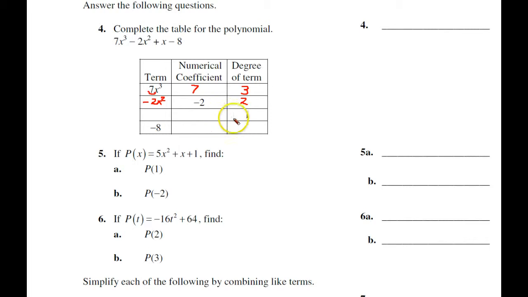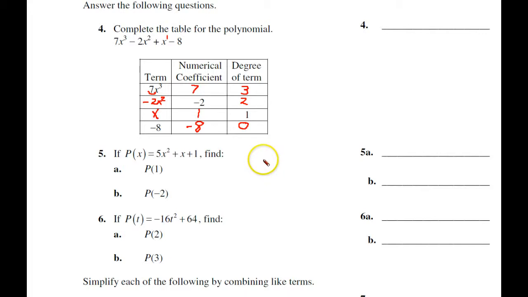Now the term that has a degree of 1 is this one, that we don't write the 1, and its term is just x, but its numerical coefficient, even though we don't write it, is a 1, and it's to the first degree. And here our last term is this. Its numerical coefficient is that. That's often referred to as a constant. And when there is no variable, its degree is 0.